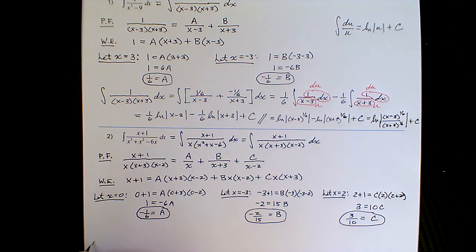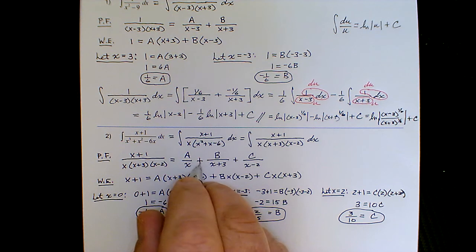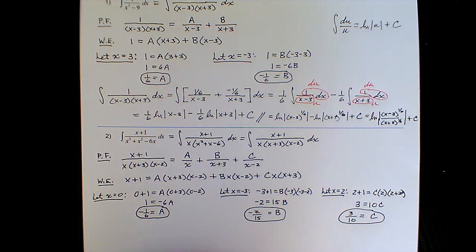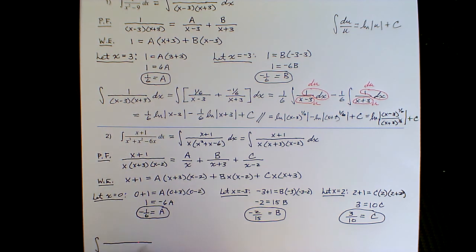Okay, so I always like to rewrite. Now we're ready to go to the partial fraction decomposition. I always like to rewrite the original integral. I'll write the one in factored form. X plus 1 over x plus 3, x minus 2 with respect to x.